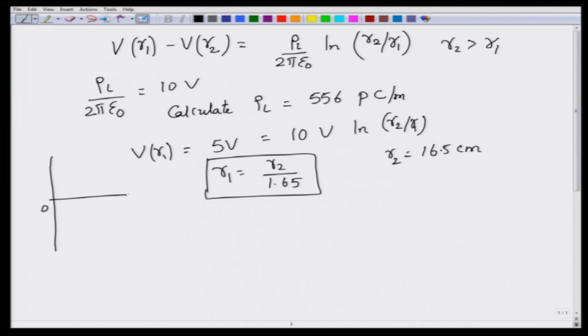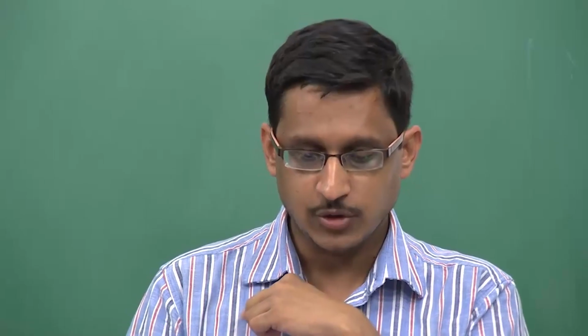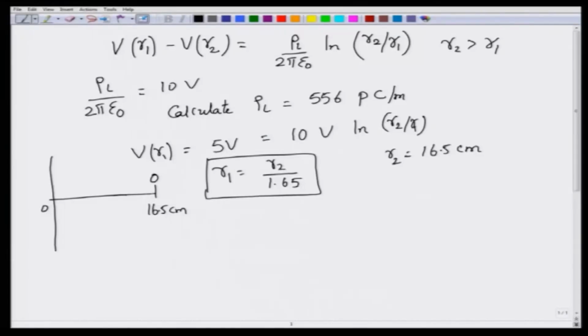At a radial distance of 16.5 centimeters from the line charge, the potential is taken to be 0, and if I now take R1 equal to 10 centimeters from the origin, the potential here will be 5 volts, because R1 is equal to R2 by 1.65 and R2 is 16.5, which I have taken as the arbitrary point of 0 volts.